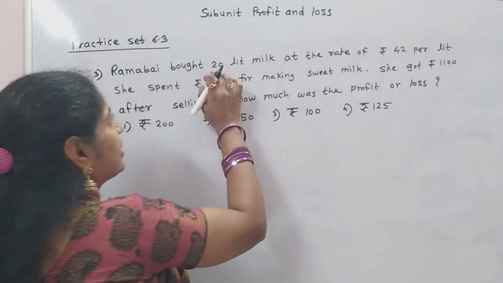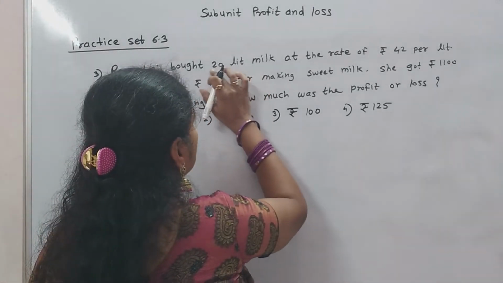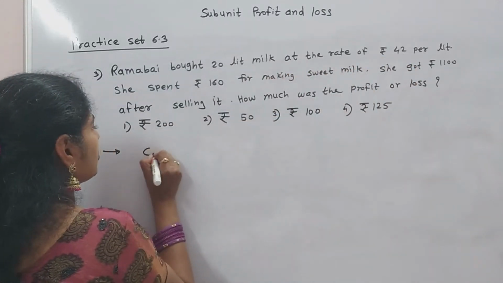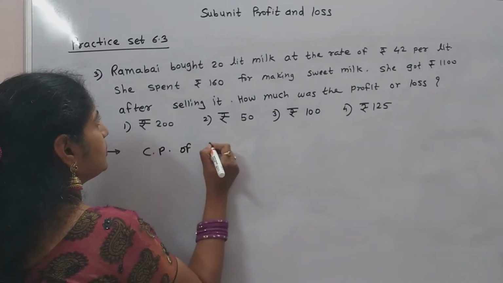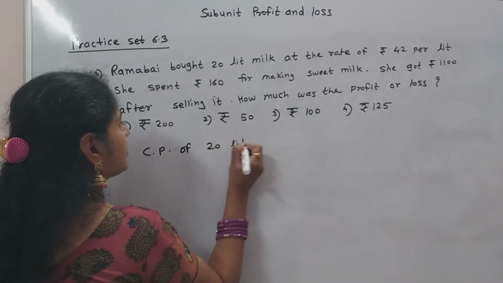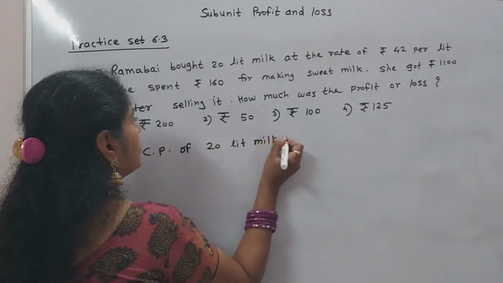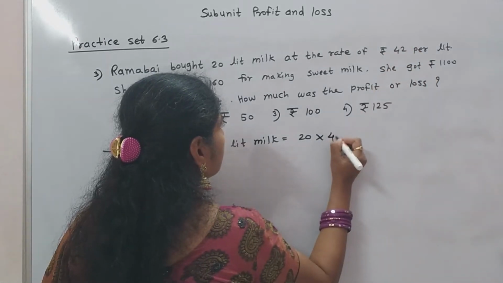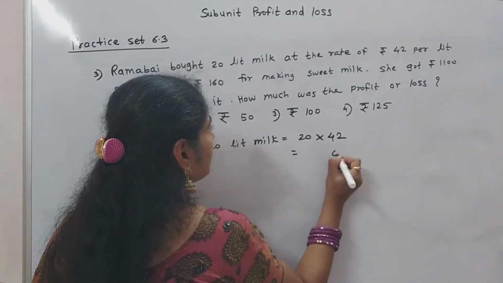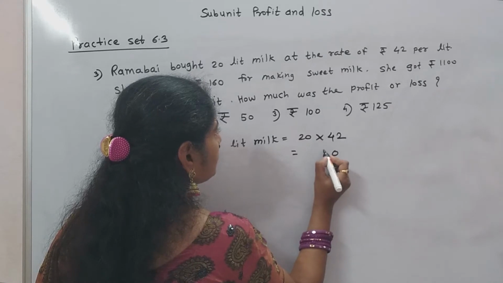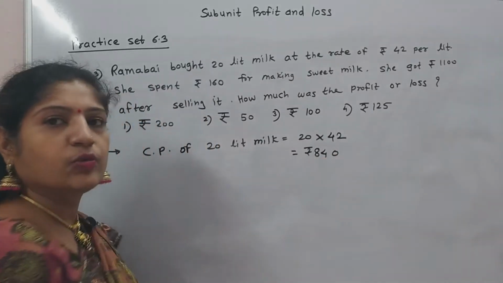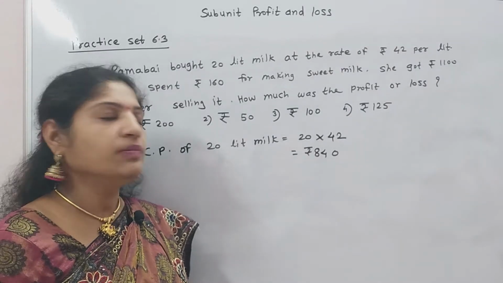First of all, calculate the cost price of the 20 liters of milk. 20 into the rate, 42 per liter. Multiplying these two gives 840 rupees, the cost price of the milk.